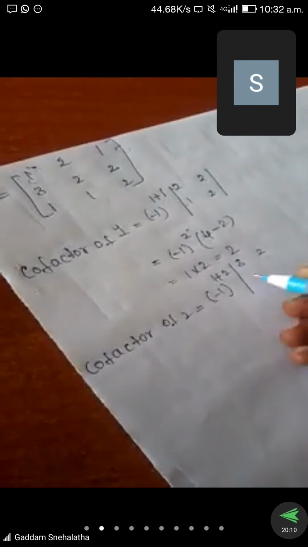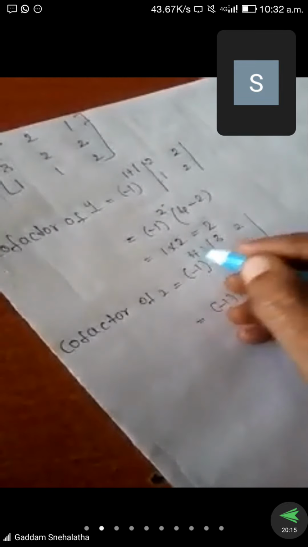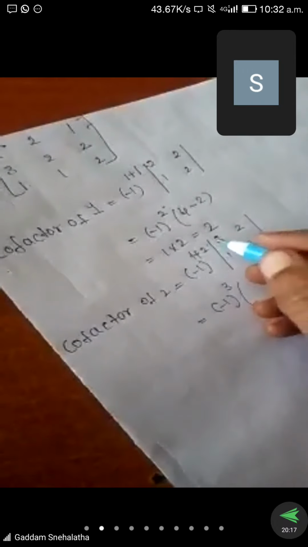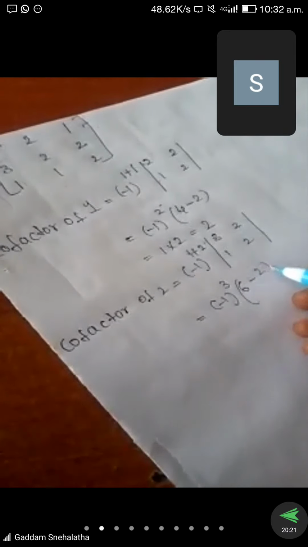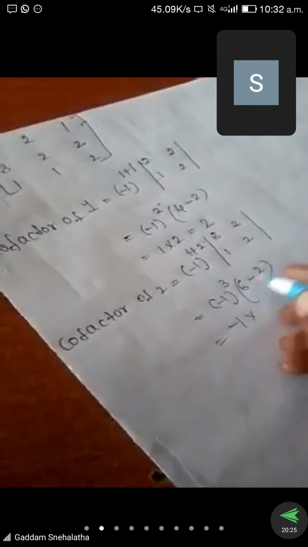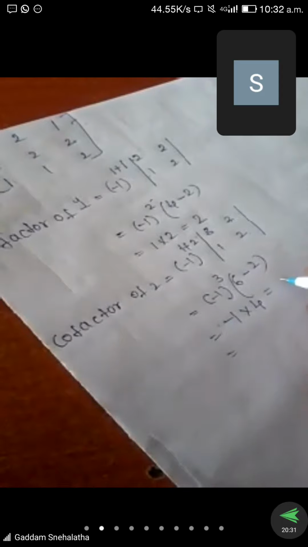So minus 1 to the power of 1 plus 2 is 3, into (3 times 2 is 6 minus 1 times 2 is 2). Minus 1 to the power of 3 is minus 1, into (6 minus 2 is 4). So we get minus 1 into 4, which is minus 4.